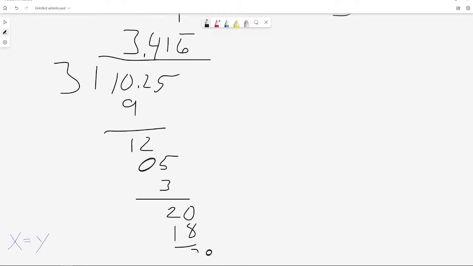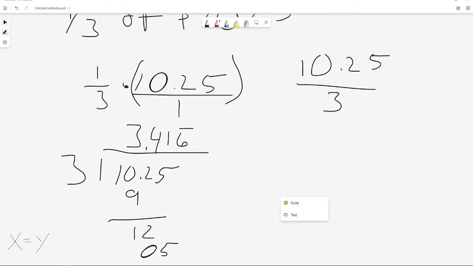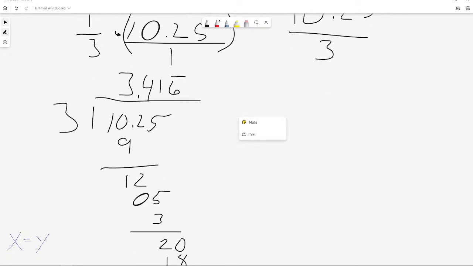Now remember though, we were dealing with money here. We wanted to know what 1/3 of 10.25 was. So we come out with an answer of, this literally equals $3.41 with a repeating hat. Oops.